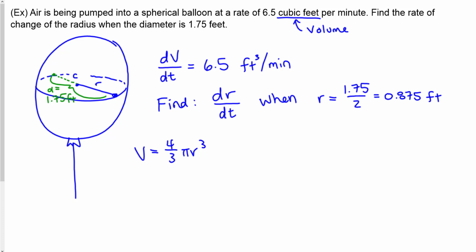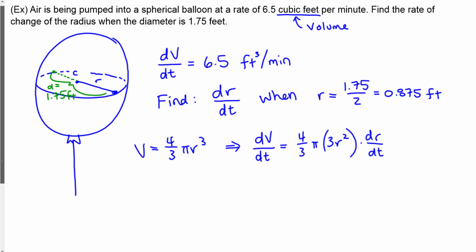So I'm going to take the derivative of both sides with respect to time. So it will be dV dt. 4/3 and pi are both constants, so we just say 4/3 pi. We take the derivative of r cubed, which would be 3r squared, times the derivative of the inside part, finishing off that chain rule.